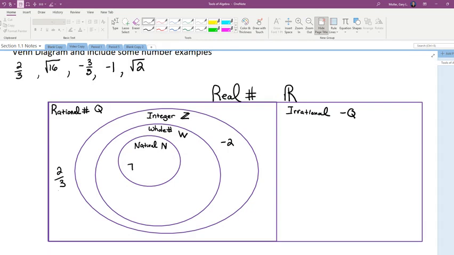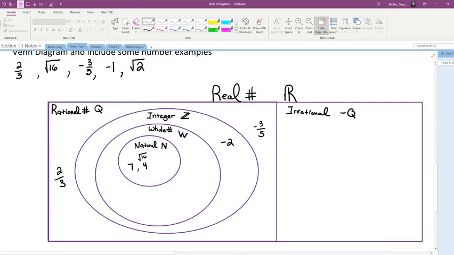The square root of 16 is 4. 4 is rational, it's an integer, it's whole, and it's natural. So we can go ahead and put the 4 in here. Negative 3/5. Yes, it's negative, but that's not an integer because it isn't a whole number. And so rational, so it's just going to fit here within rational.